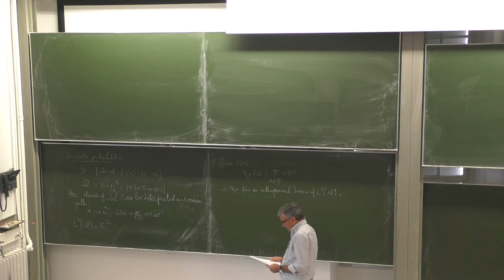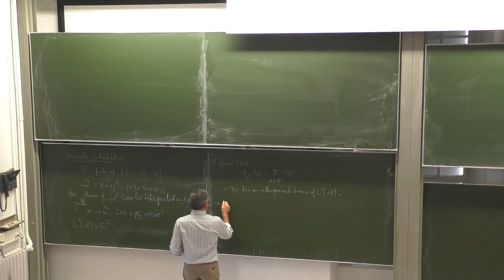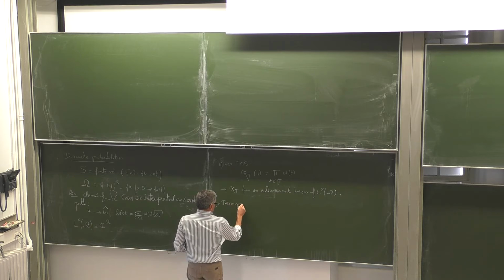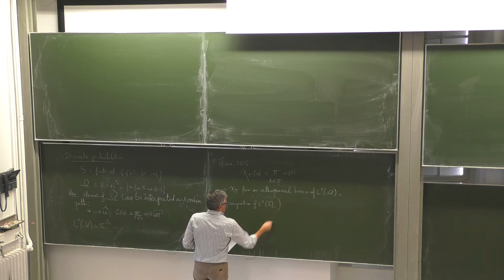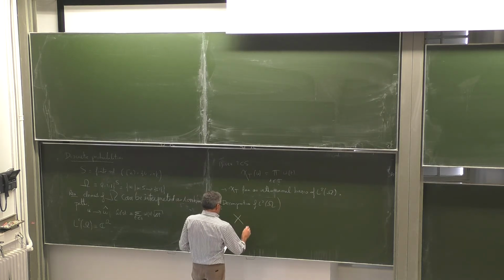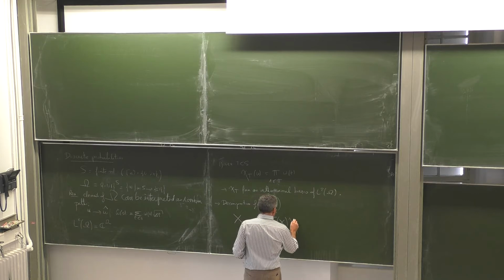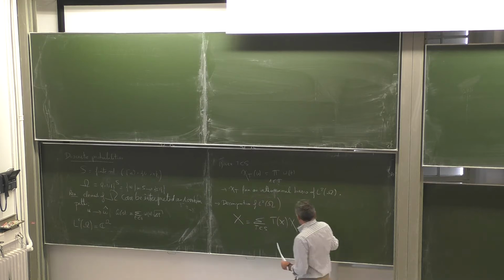But then you can use it to decompose square integrable functions. If you have a random variable X, you can write it as the sum over all subsets T of S of a coefficient a T of X times chi T. So this is what I would like to call the discrete chaos decomposition.